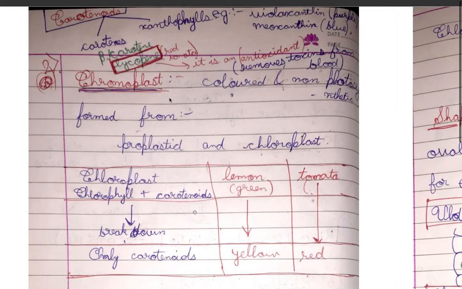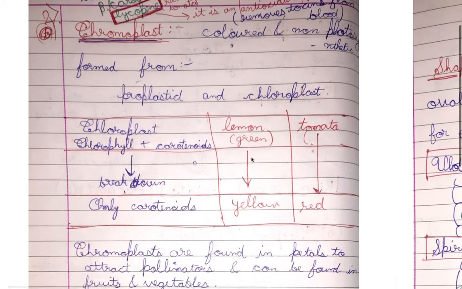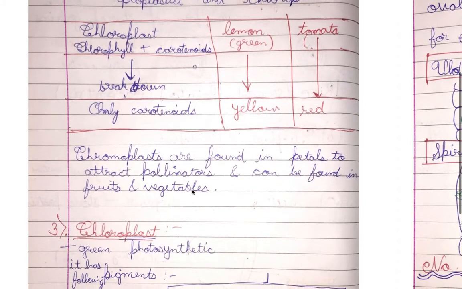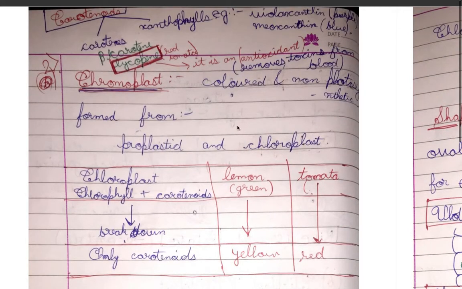Now carotenoids are present in the chloroplast. Chloroplast is another plastid, and it also helps in the formation of other plastids. Chloroplast contains chlorophyll and carotenoids.